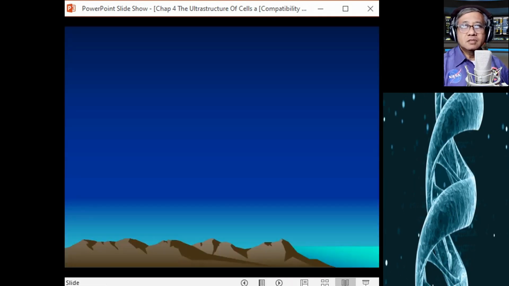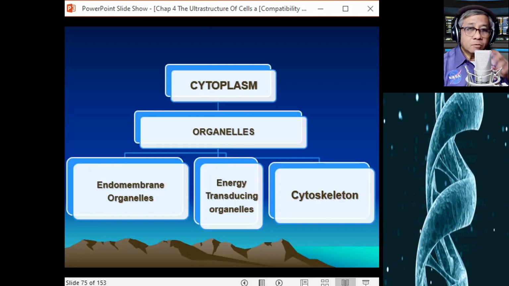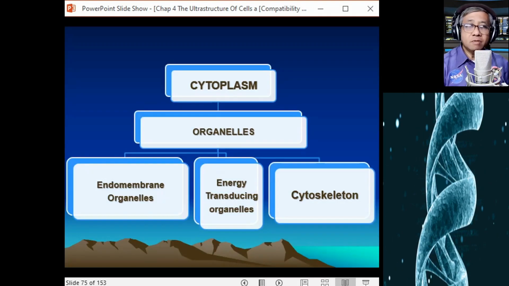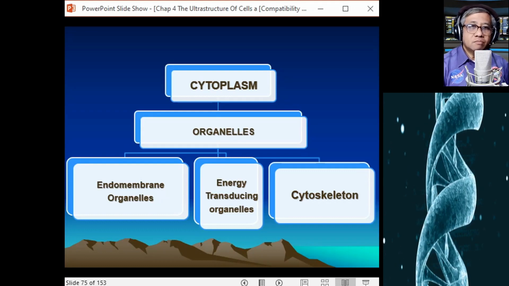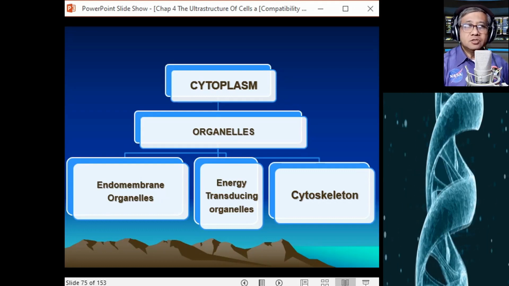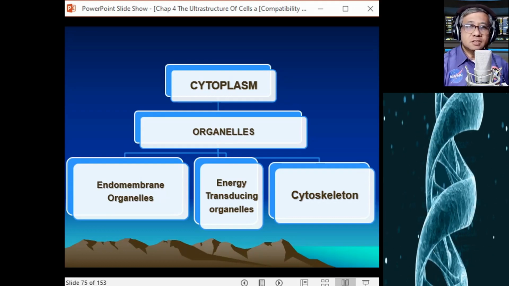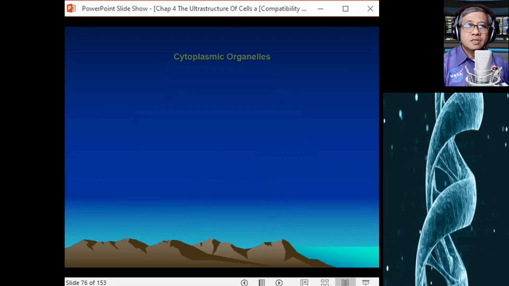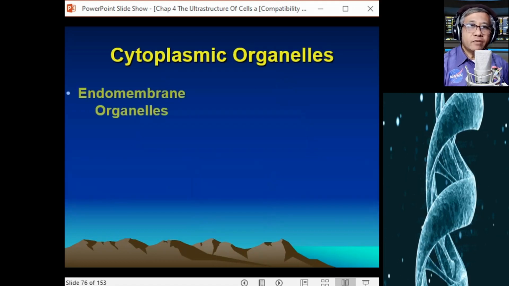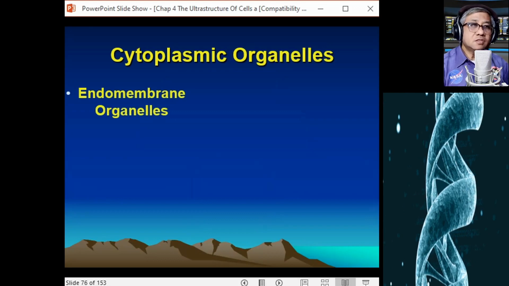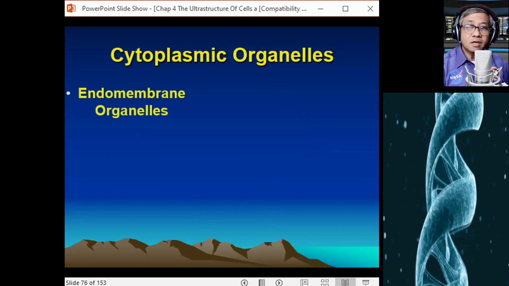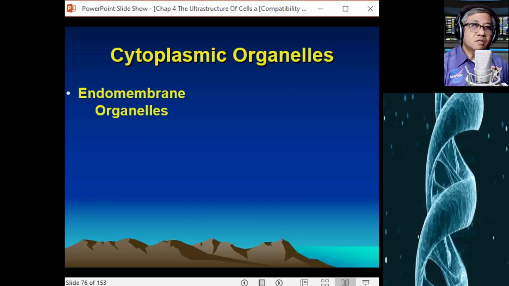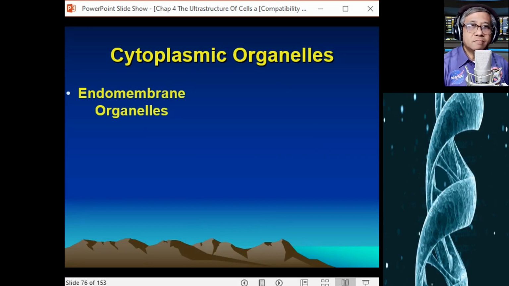And these organelles are classified according to the following. There are three major types of organelles. First, we have the endomembrane organelles, energy transducing organelles, and the cytoskeleton. When we speak of endomembrane organelles, these are organelles that are surrounded by a membrane similar to the plasma membrane.